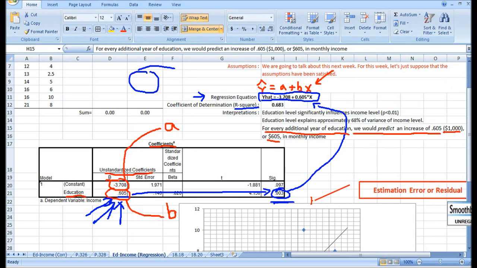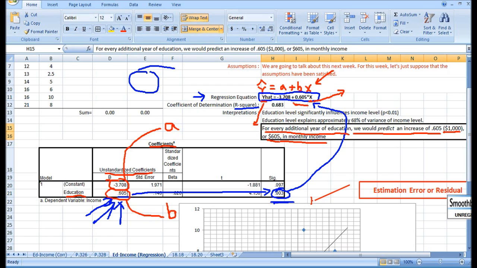Okay. Again, for every additional year of education, we would predict an increase of $605 in monthly income. That's how we interpret this regression coefficient.